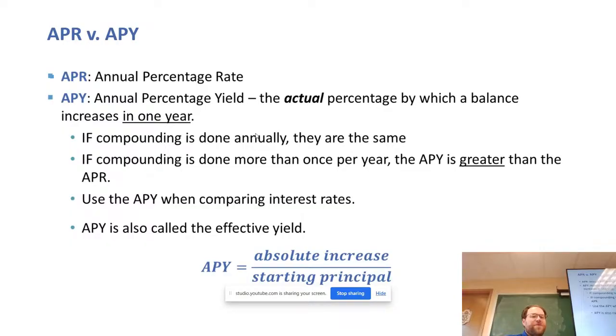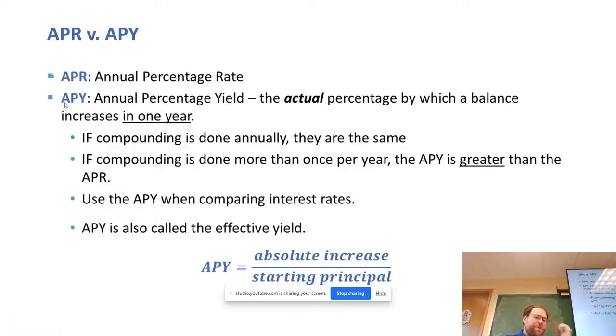So if compounding annually, that means n is equal to 1 in that case. These are going to be the same. If compounding is done more than annually, so say like every month or every day, APY will be greater than APR.